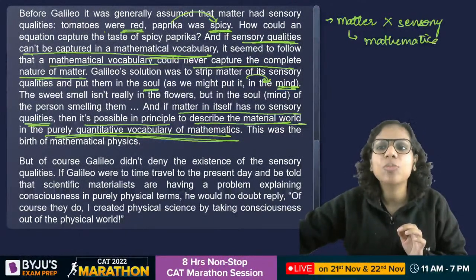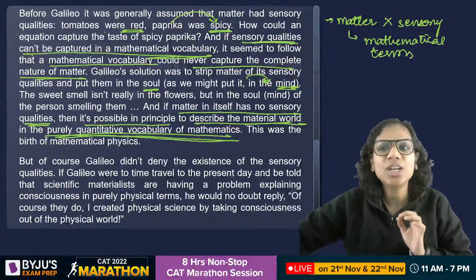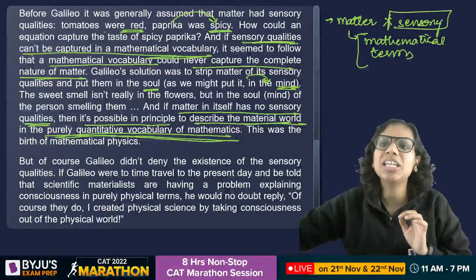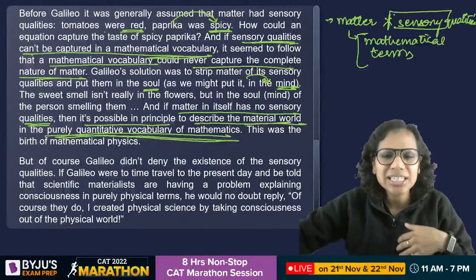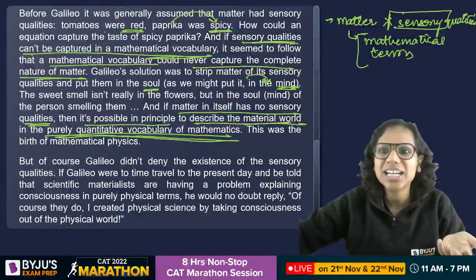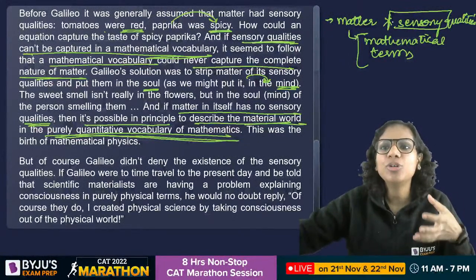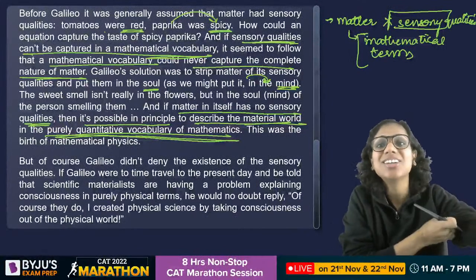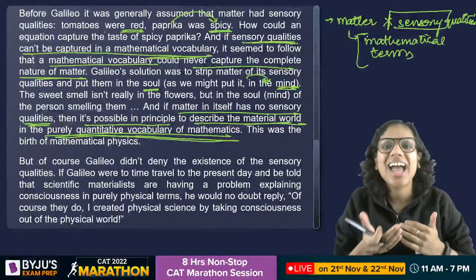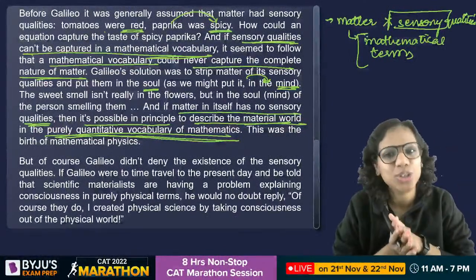That means the problem is that we are not able to describe sensory qualities in mathematical terms. So sensory qualities are what, your feelings? Yes, the feelings that we have. So we are not able to describe feelings in mathematical terms, and that is why materialists are not able to explain why certain feelings are produced.